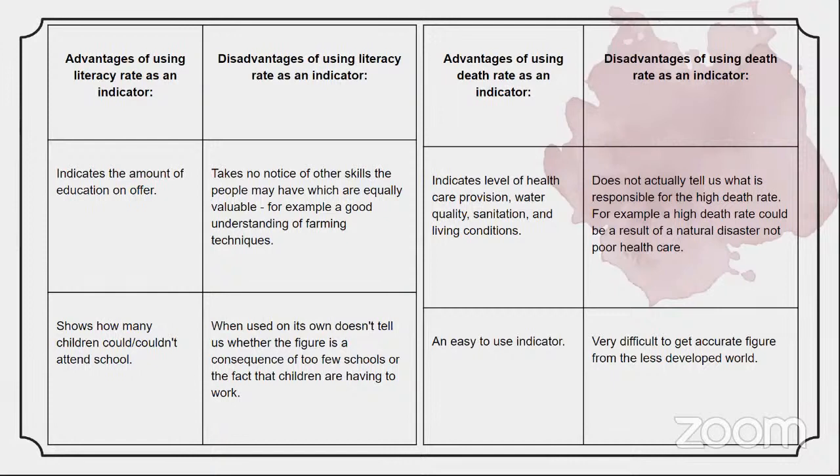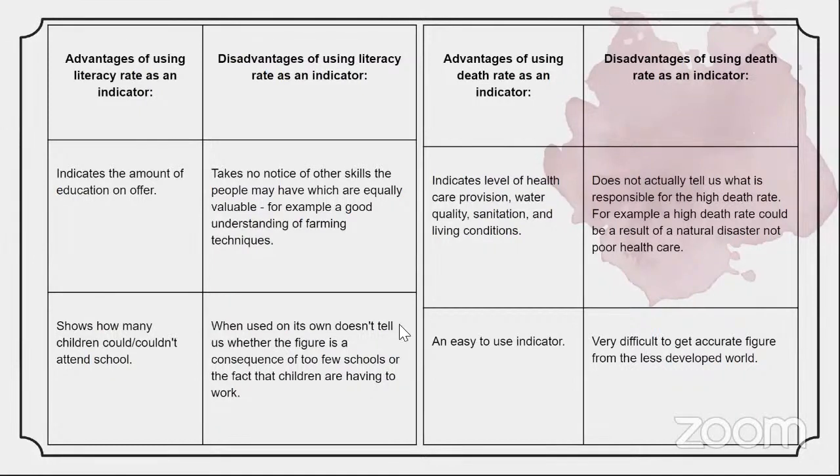Okay, when used on its own, it doesn't tell us whether the figure is the consequence of too few schools or the fact that children are having to work. Daripada ayat ni pun kita dah faham, maksudnya literacy rate tu memang dia tunjuk pasal literacy, tapi dia tak tunjuk pasal kalau dia rendah adakah sebab school kurang ataupun because the child being a labor force, a forced labor worker.